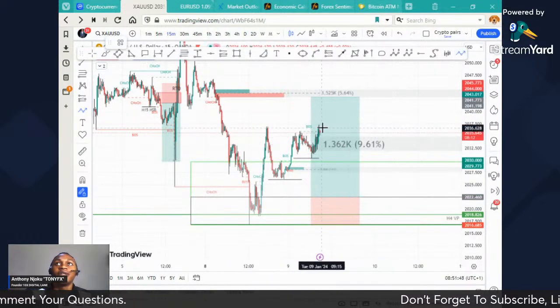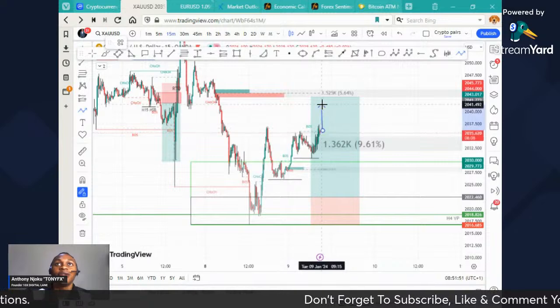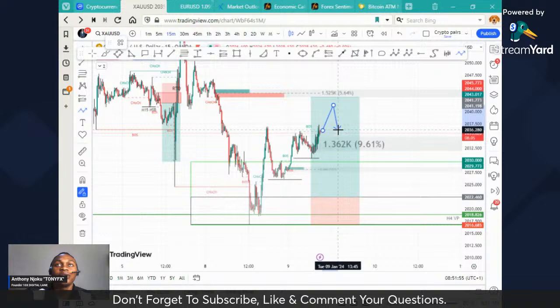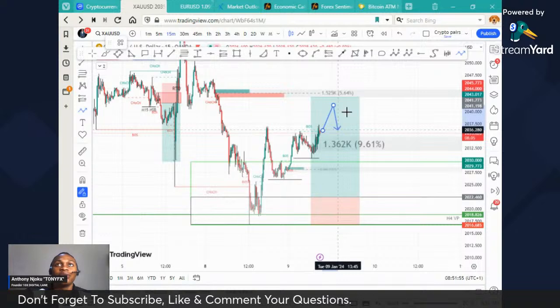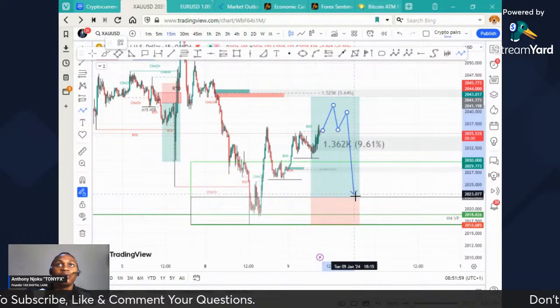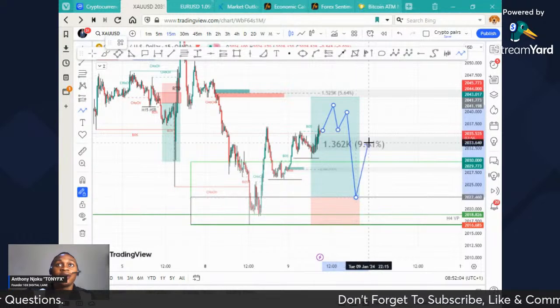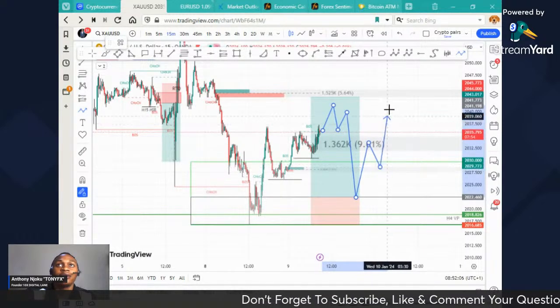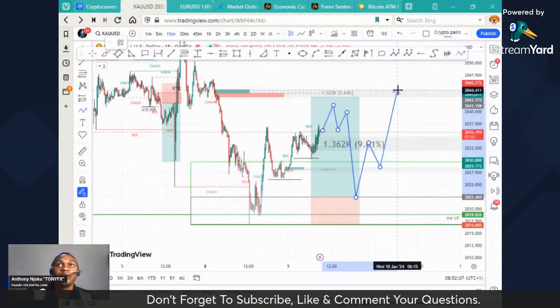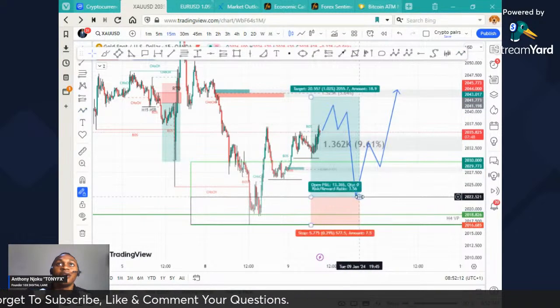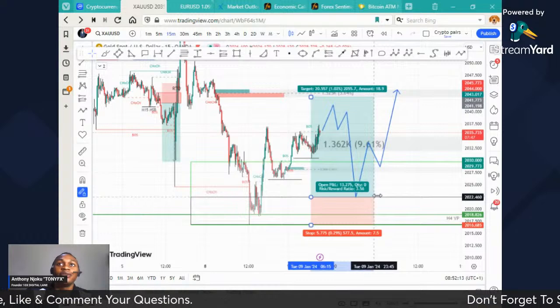So what I see for gold is to do whatever it should do. But after all, it will probably take them by surprise, spike down and continue that push to the upside, to fulfill this inefficiency that needs to be fulfilled.